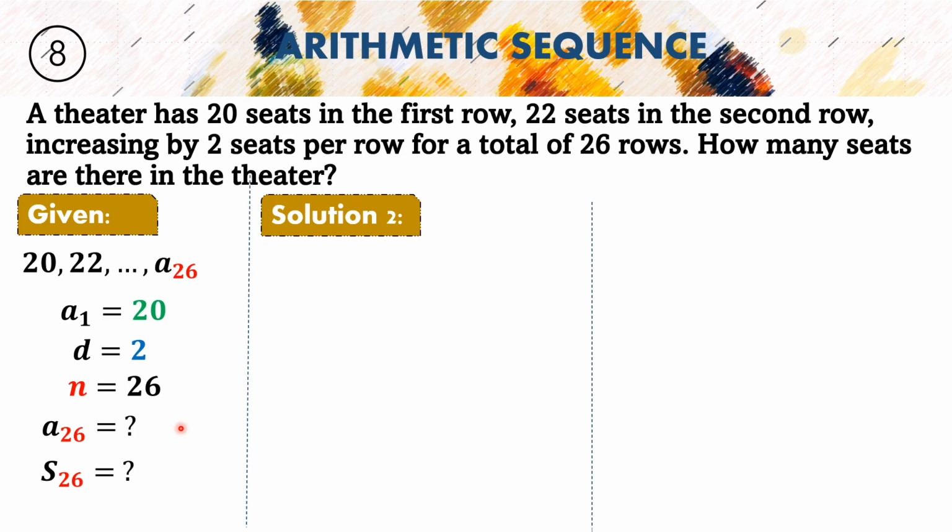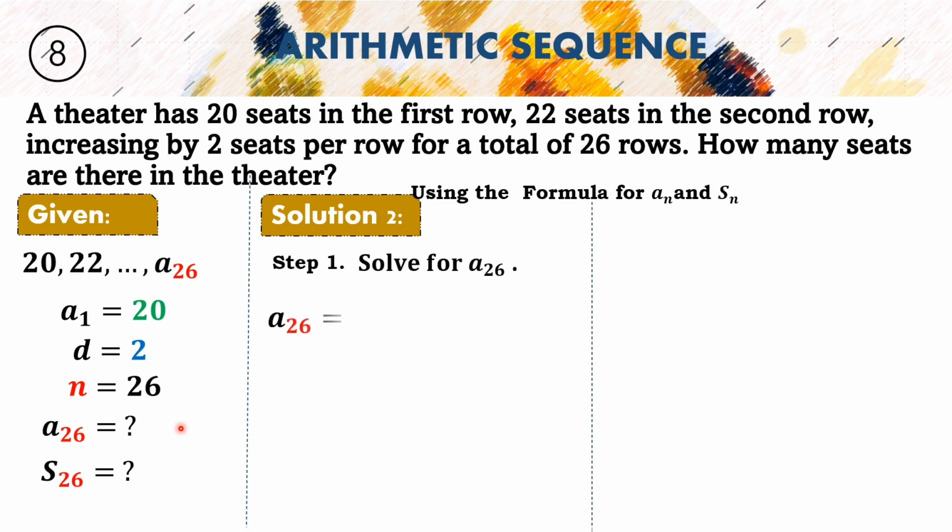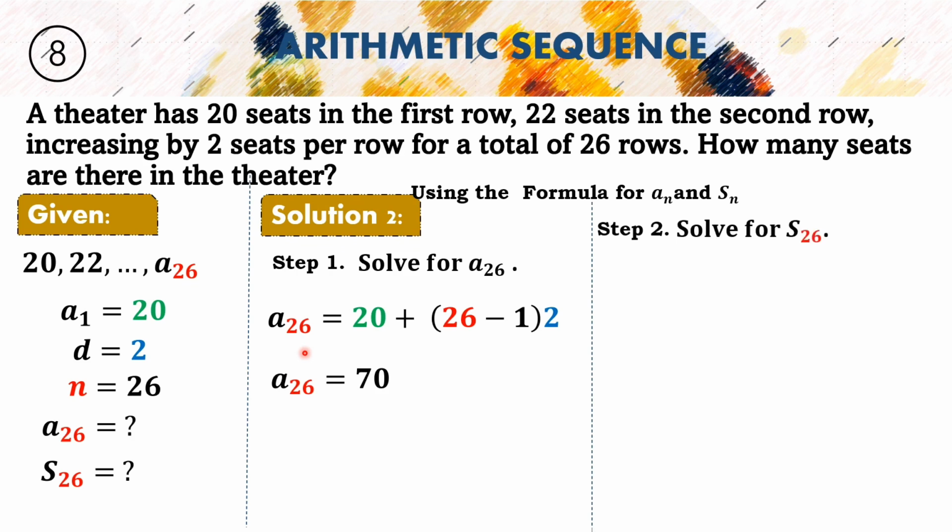So we have step 1, solve for a sub 26 by substituting the given in the nth term. We have a sub 26 equals 20 plus 26 minus 1 times 2. a sub 26 therefore is 70. Proceed to step 2, solving for S sub 26 using formula 1, substituting the given.